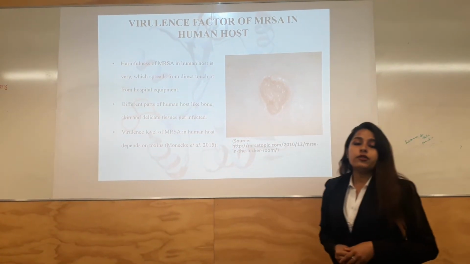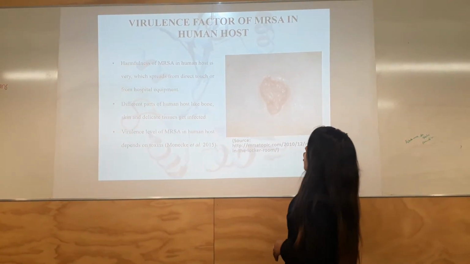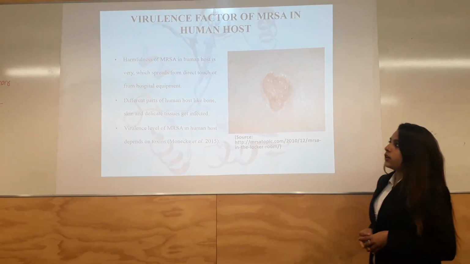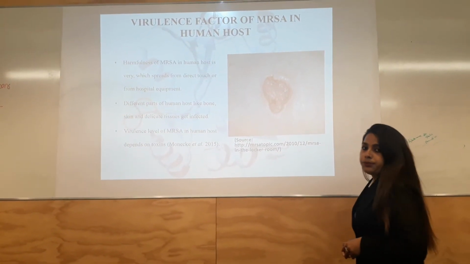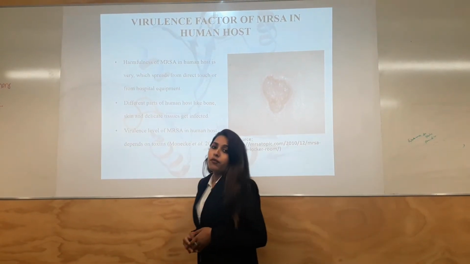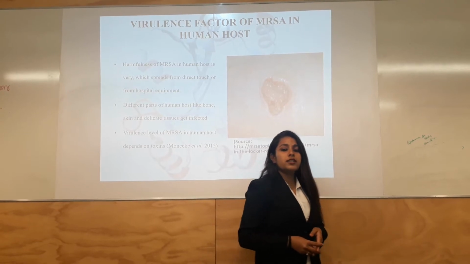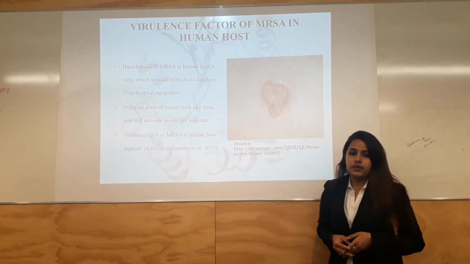Now I am going to describe the virulence factors of MRSA in the human host. As we know, MRSA in a human host is very harmful. It spreads from direct touch to hospital equipment.